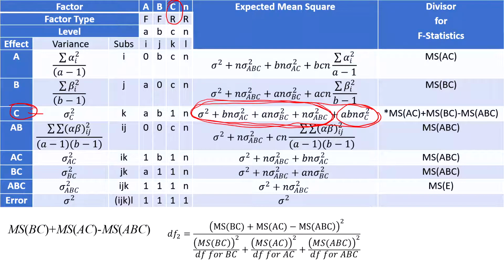So then what do we do? In this case, we can add this, and if you add these two minus this, this plus this minus this will produce basically this piece.